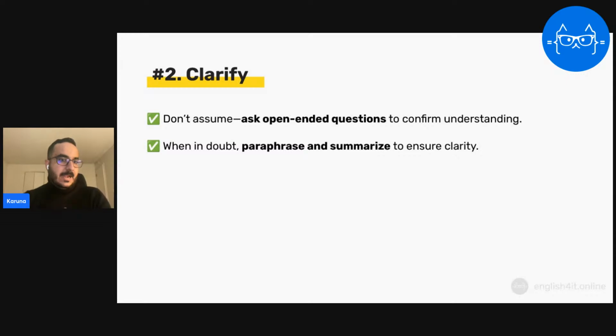The second point, clarify, right? I had a physics teacher in high school, and I really enjoyed her lessons. She was great, really explained things very well. And one of the things she said, and I hope this doesn't get us kicked off the air, I might get a message from HR after this, but it really stuck out for me: in physics you cannot assume.